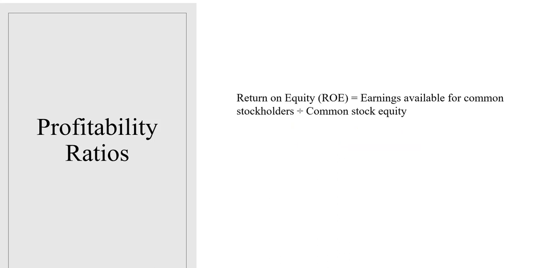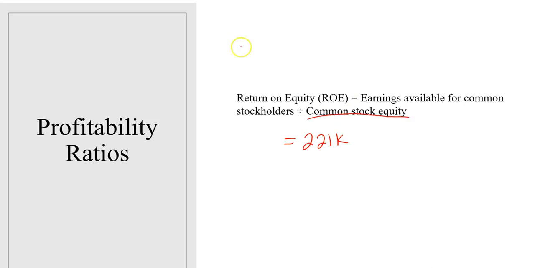Next up, we have return on equity. Return on equity is looking at how efficiently the company is using investor funds to generate a return. So the higher the return on equity, the better a company is at converting its equity financing into profits. So we can calculate that for our company. We know earnings available to common shareholders is $221,000, but we have this new line item called common stock equity.